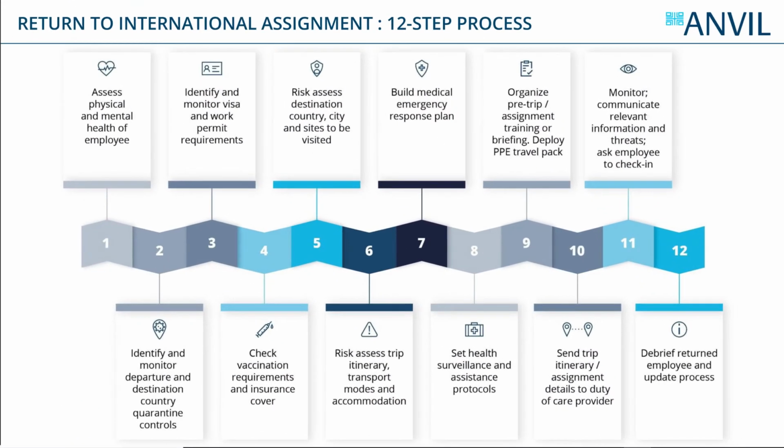What I'm going to do is not flick through a number of slides. We're just going to keep this infographic up on the screen, and I'll discuss certain points around it. So hopefully you are able to all see it. Essentially, it is an infographic referring to a 12-step process to return to international assignment or travel, as we framed it.